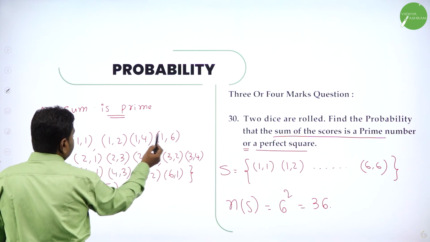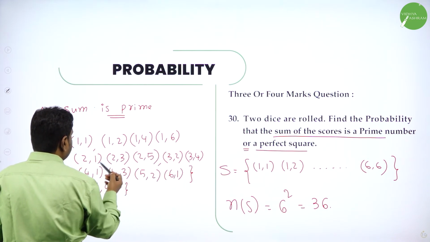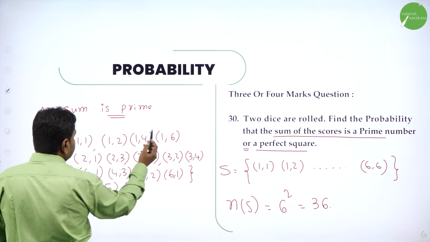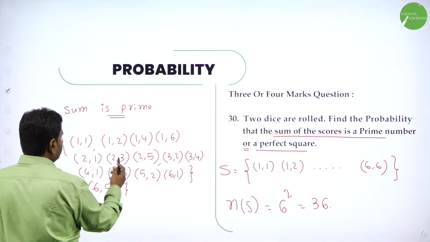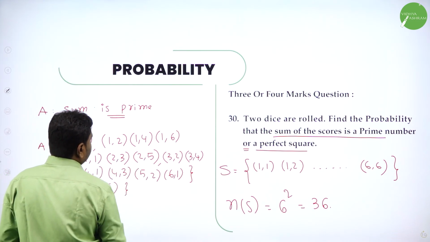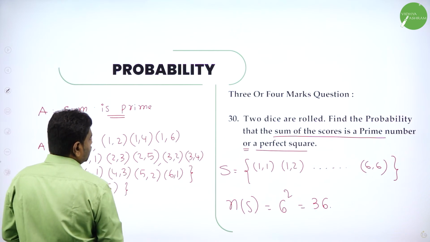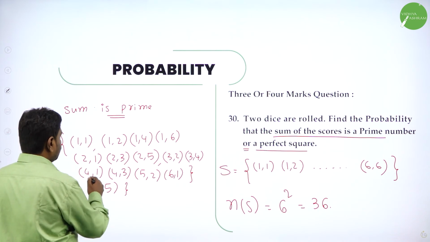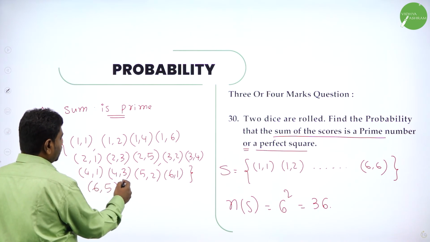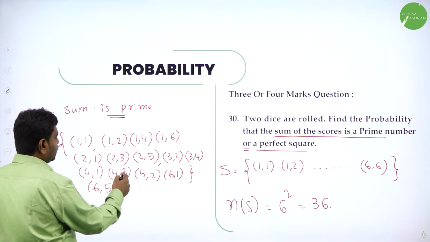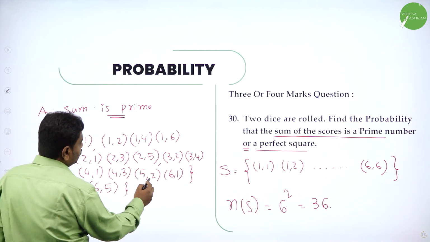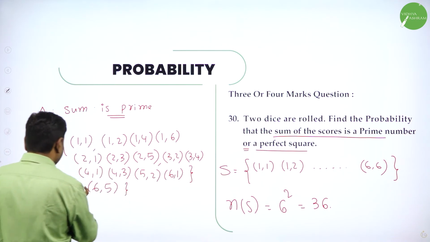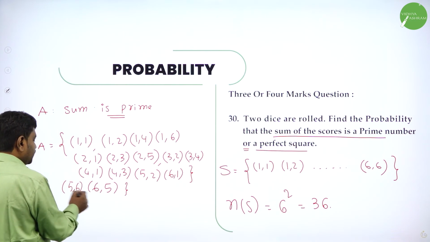Now counting: 1, 2, 3, 4, 5, 6, 7, 8, 9, 10, 11, 12, 13, 14. So 1, 1; 1, 2; 1, 4; 1, 6; 2, 1; 2, 3; 2, 5; 3, 2; 3, 4; 4, 1; 4, 3; 5, 2; and one more with 5 you can also take, 5, 6: 5 plus 6 is 11.